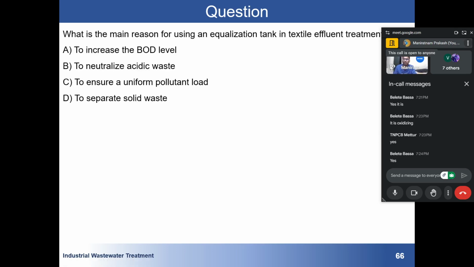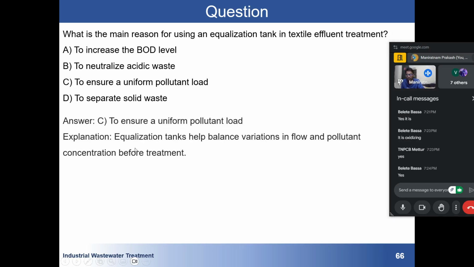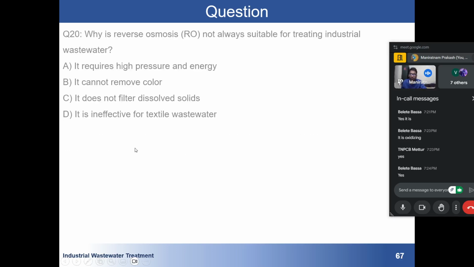So, what is the main reason for using equalization? I have already answered this thing. This is repetition to ensure uniform pollutant load. Why is reverse osmosis not always suitable for treating industrial wastewater? Anyone?